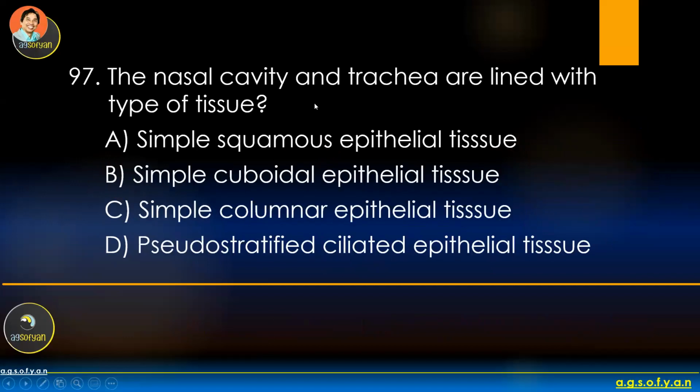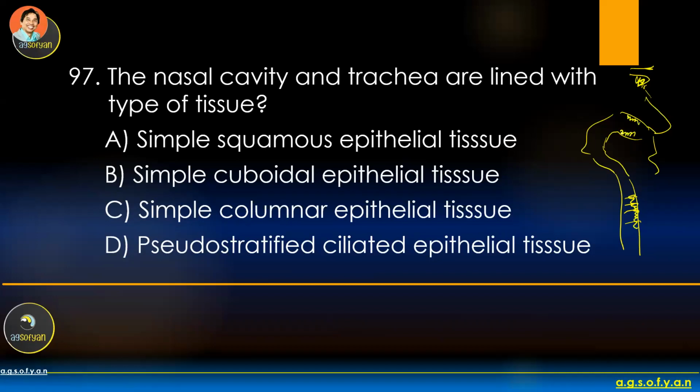The nasal cavity and trachea are lined with which type of tissue? Nasal cavity and trachea. So this is our nose, then pharynx, larynx, and then trachea. This trachea and nasal epithelial tissue has cilia on it.